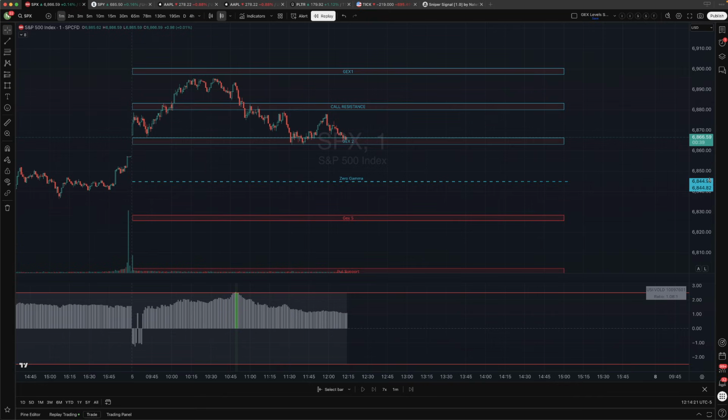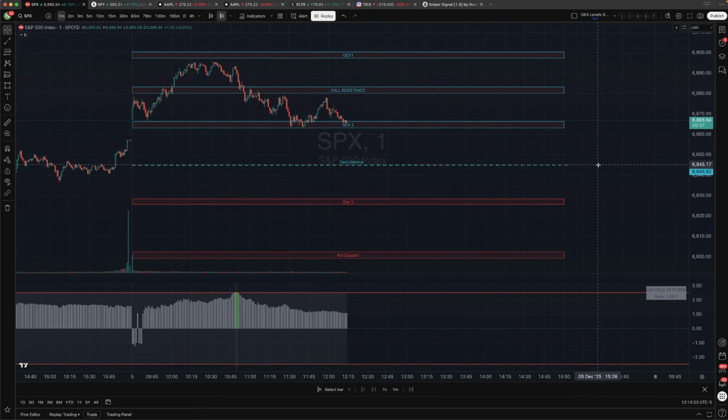And you can see here, if we get into our 0 gamma level, that's where we flip from a positive to a negative gamma environment. And then we have our put support levels, our main put support levels, right? And then our sort of ancillary put support levels. Once price gets into this 0 gamma area, it gets pretty volatile, right?